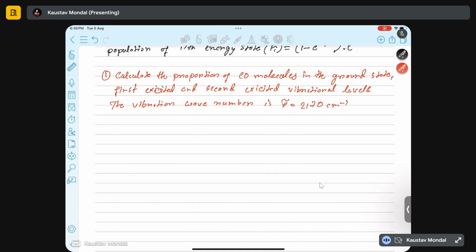The concept we know previously is that if you increase the temperature of a molecular system, the system shows different types of states. Initially when you increase the temperature, it shows different translational energy levels.